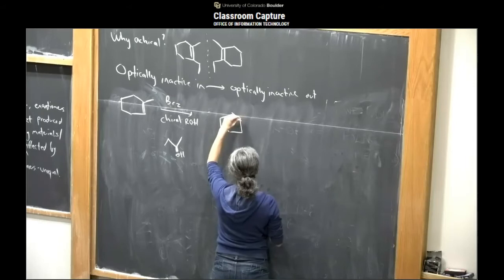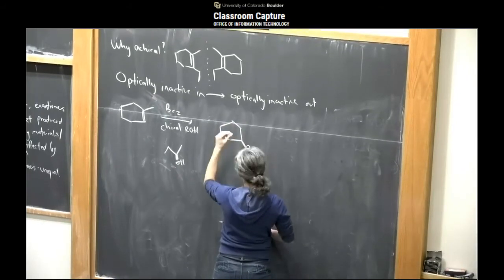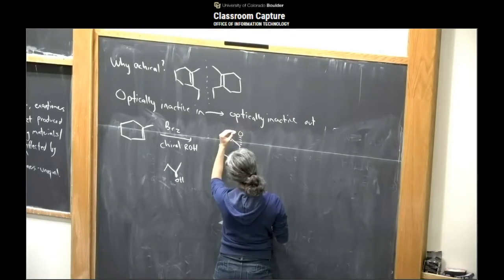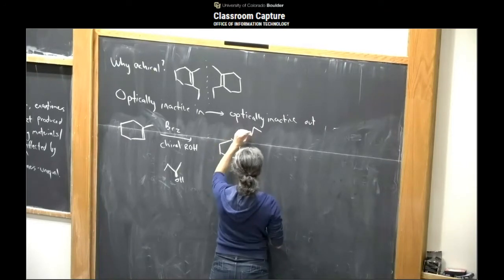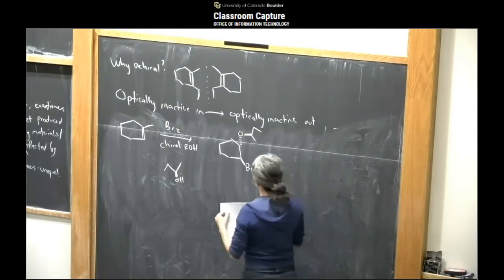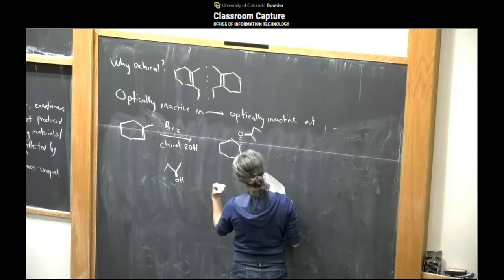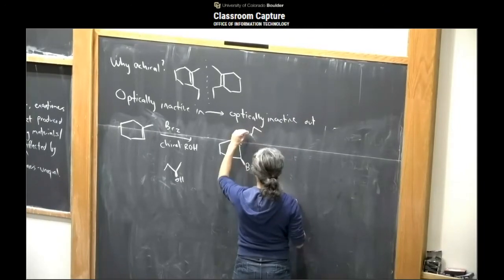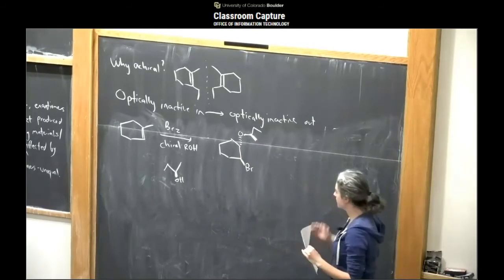Again, I could do one group bold and one group dashed. This looks a little bit wonky, just because I'm trying to show two different stereochemistries going on. It might be easier if I show the methyl group as the one that's out of plane over here.